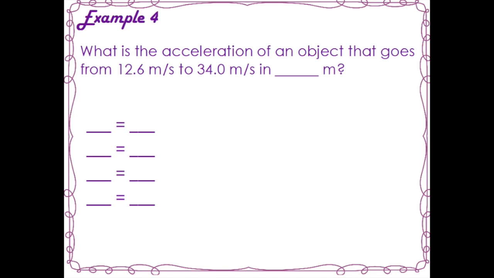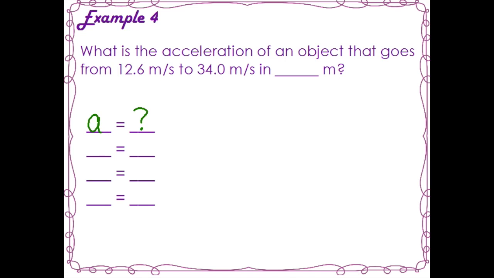Example 4. Again, you have to fill in that blank. It's 45.0 meters. So if I make my chart, what is the acceleration of an object that goes from 12.6 to 34 meters per second? So it starts at this velocity and it ends at that velocity.